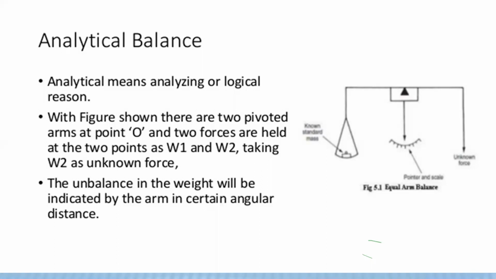On the other side of the equal arm beam balance, I am taking the unknown weight of the force. That means I don't know the weight of that object. Based upon this known standard mass, I am calculating this unknown force.